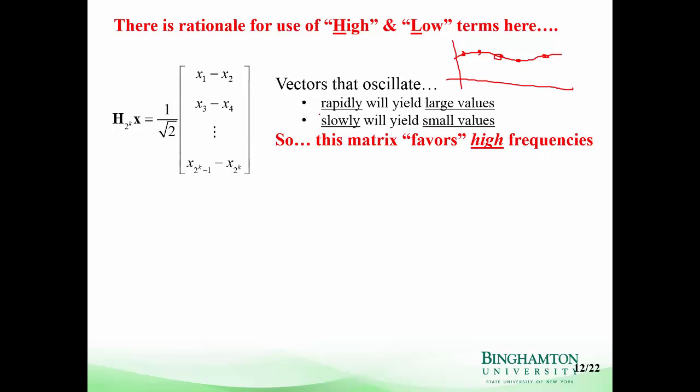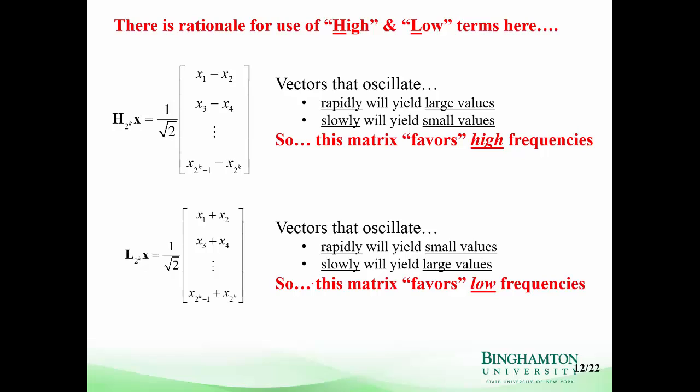So vectors that oscillate rapidly will create large values here, and vectors that oscillate slowly will yield small values over here. So this H matrix favors or passes high frequencies, and it suppresses low frequencies. And so that's why we call this the high matrix.